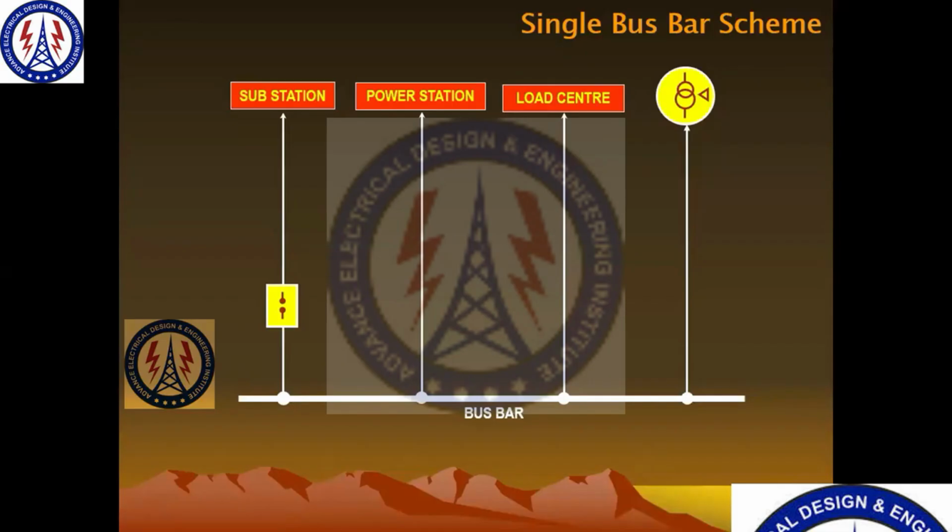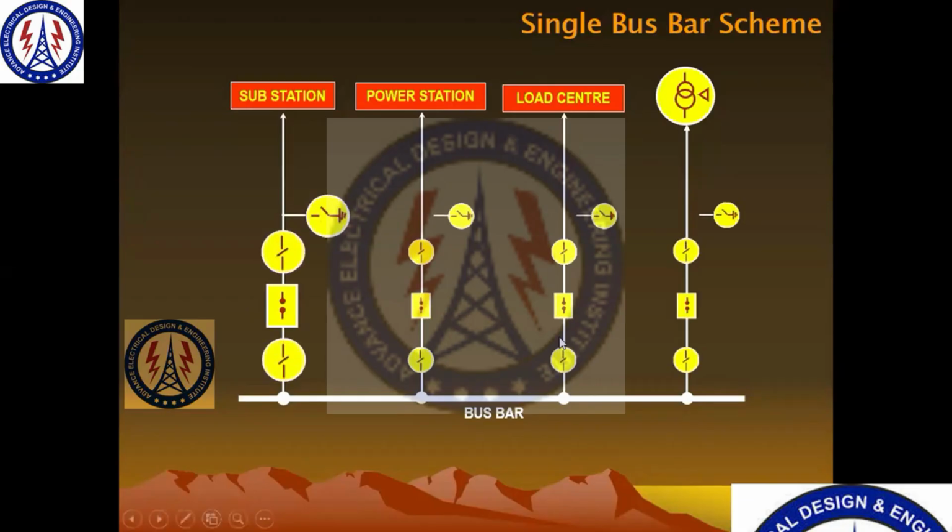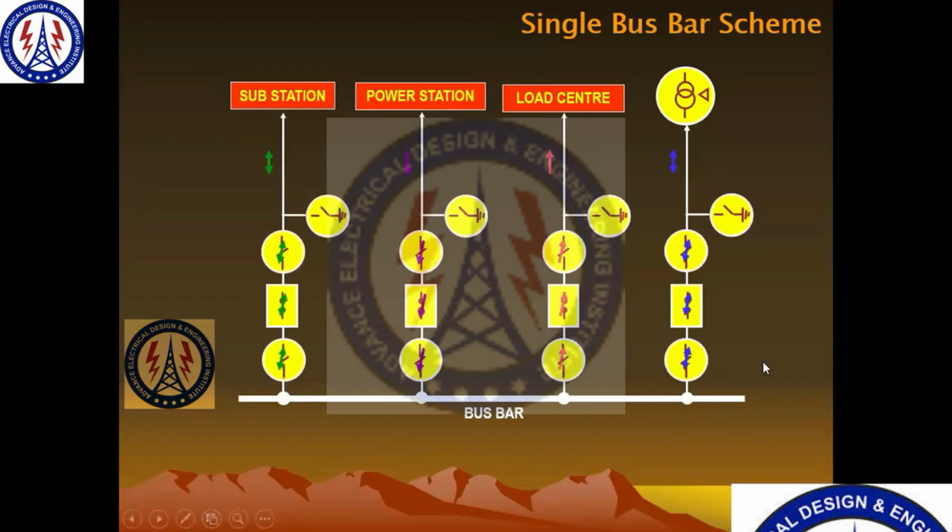So here you can see this is a single bus bar system. There are again the same number of feeders as the previous one: three line bays and one transformer bay.